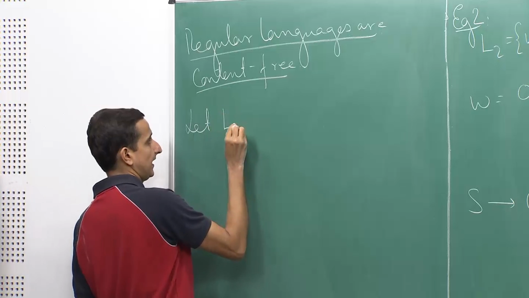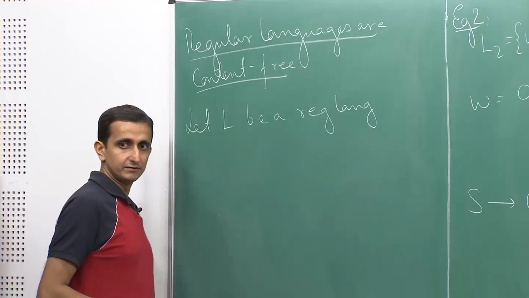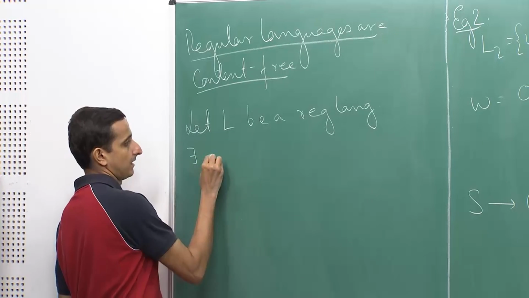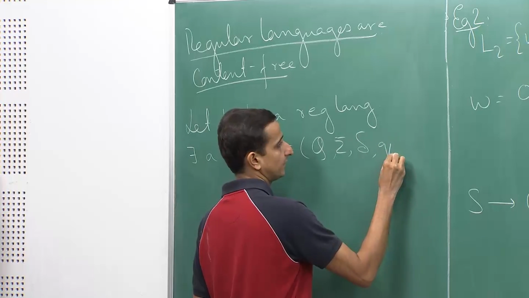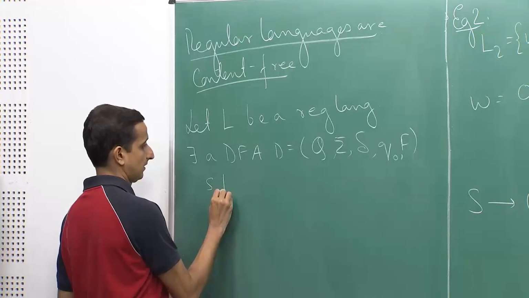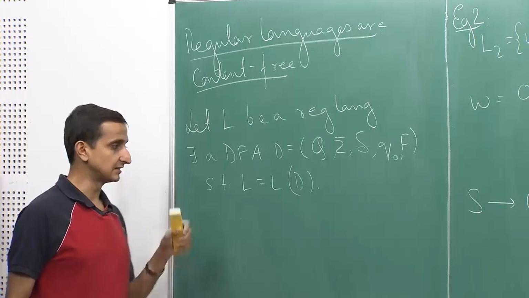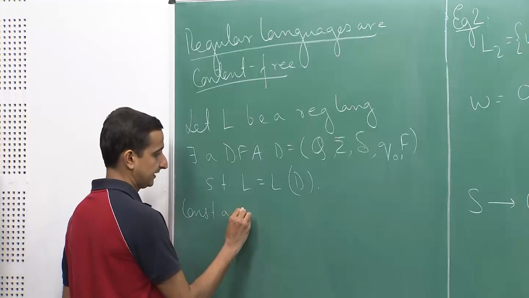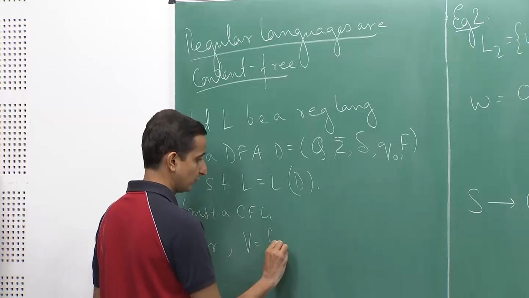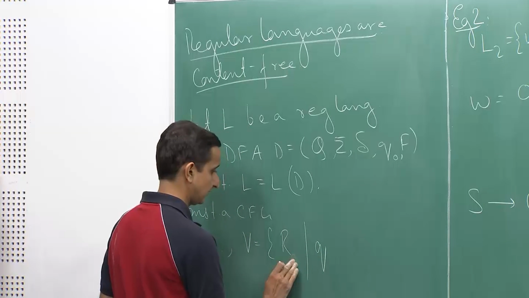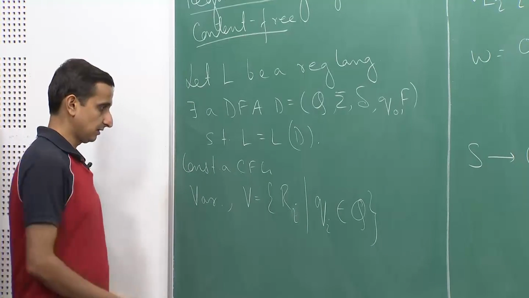So, let L be a regular language, which means that there is a DFA D, which is (Q, sigma, delta, q0, F), such that L is equal to L of D. So, from this DFA I will construct a grammar, okay, a CFG whose variables are, let us call it V equal to Ri for every Qi belonging to Q. So, for every state Qi I have a variable Ri.